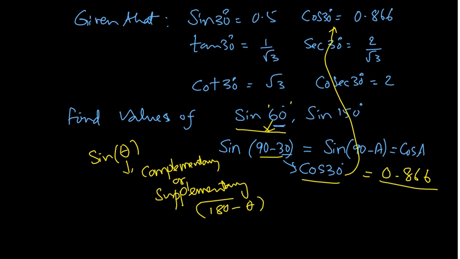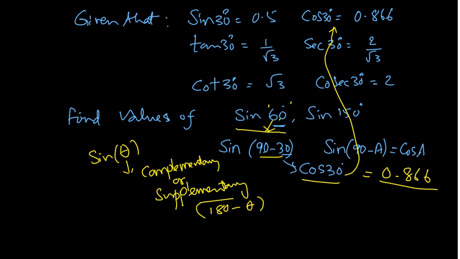Instead of 90, we could have used pi by 2 also. So if they give in degrees, do in degrees. If they give in radians, do in radians. Okay, we will practice all that stuff. So 60 is written as 90 minus 30, and then I am using this formula: sine of 90 minus A equal to cos A. This is the formula, right?